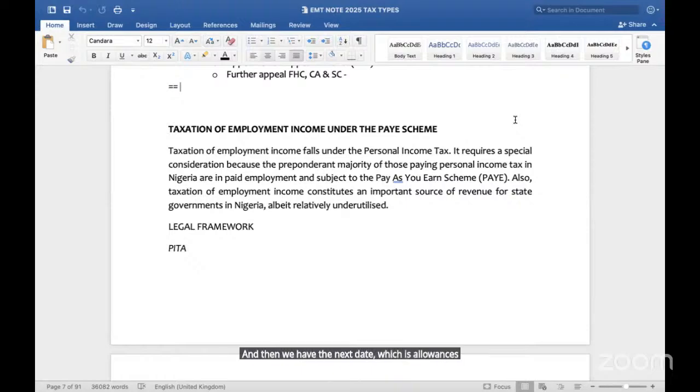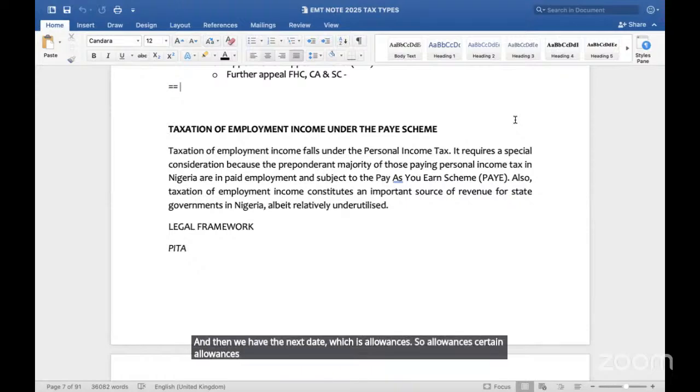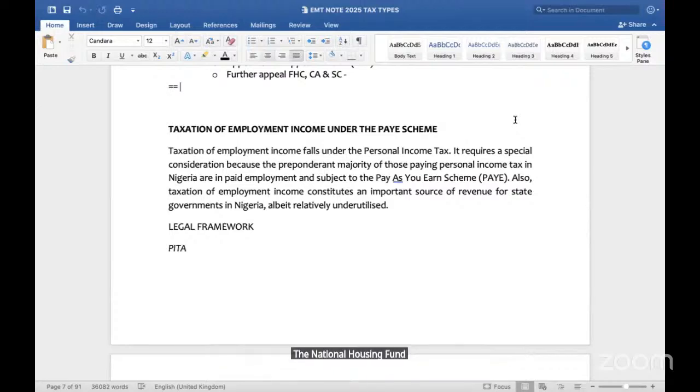So certain allowances may be deducted from the income to get the fully taxable income, such as capital allowances, losses, or consolidated tax rates. Then other things like tax exempts, like the National Housing Fund contribution and National Health Insurance Scheme, and all of that.